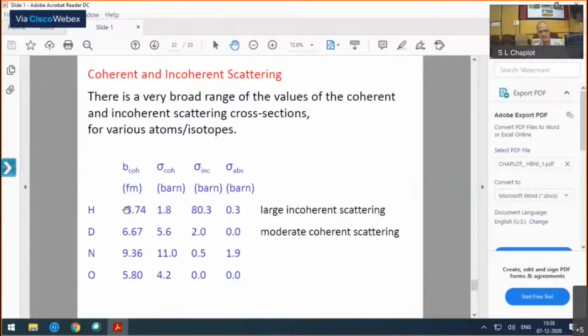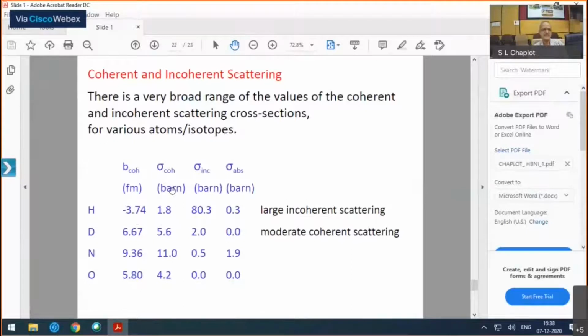I'm sure you learned that the scattering length can be both positive and negative, and to that extent, when the interference takes place, the positive and negative values coming from different atoms may cancel out each other. So there are certain compounds where the coherent scattering gets cancelled out.